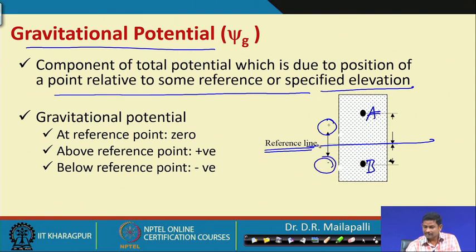Here is the water reservoir, and one guy wants to fetch water from this to this, that means he has to do some work, positive work, in order to get water from the reference line to here. Whereas the guy who is below the reference line has the water on top of him, so he does not need to work much. This is called a negative potential.